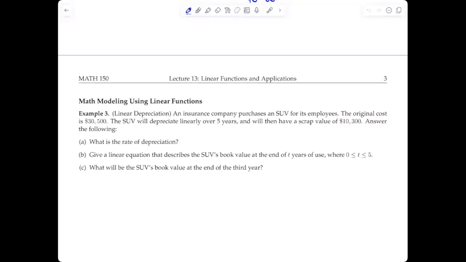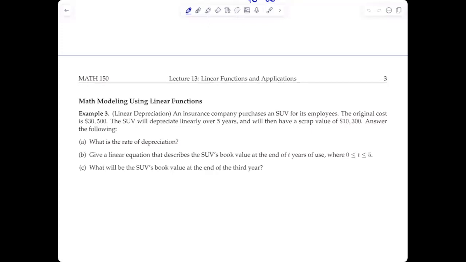So for example, an insurance company purchases an SUV for its employees. The original cost is $30,500. The SUV will depreciate linearly over 5 years, and will then have a scrap value of $10,000. Answer the following questions given the information.